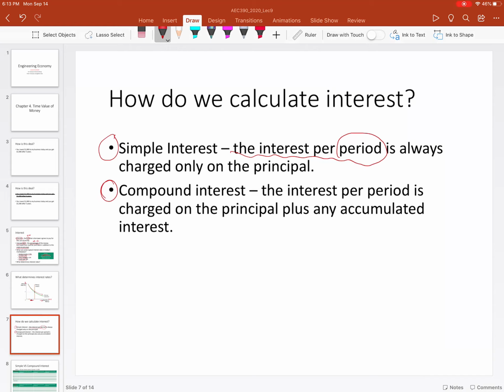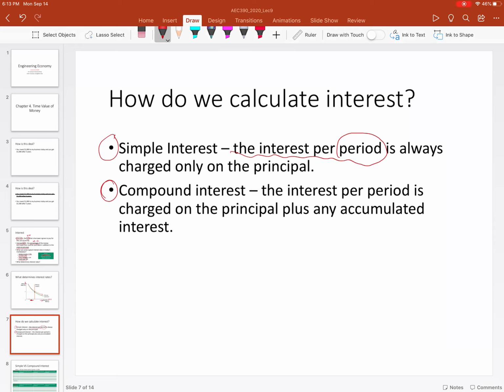That's fixed. So every month or every year, every time you calculate the interest, it's all the same. It's the initial amount, like the $1,000 you borrowed, times the interest rate, maybe 10%. So 1,000 times 10% will be the fixed interest for every year or every month. Okay, that is called simple interest.